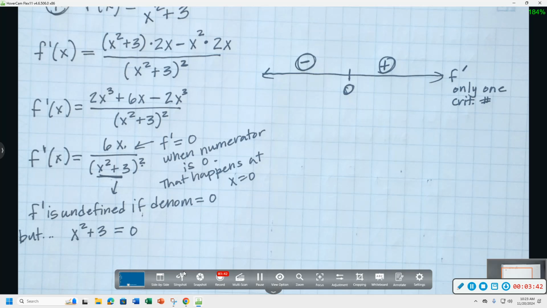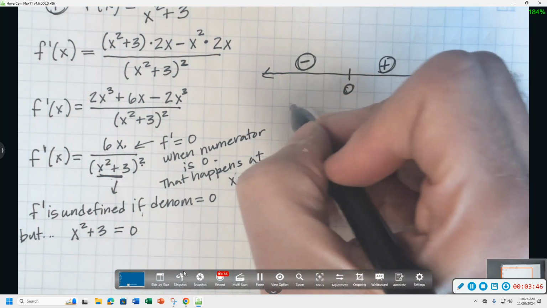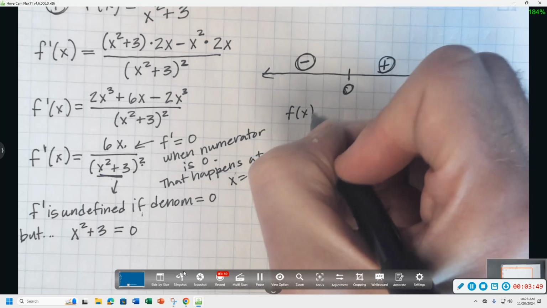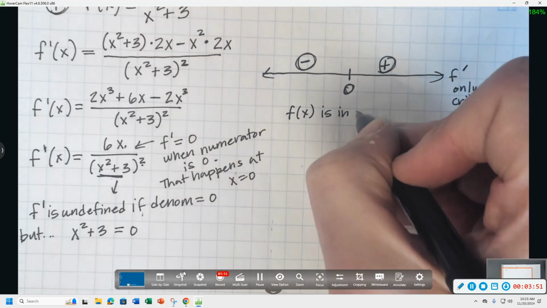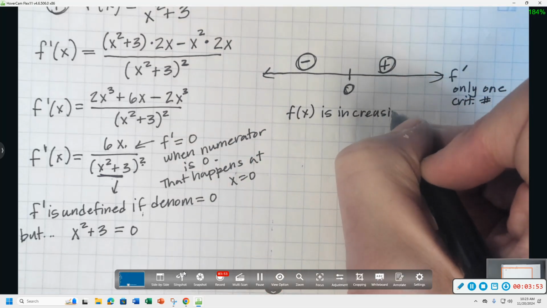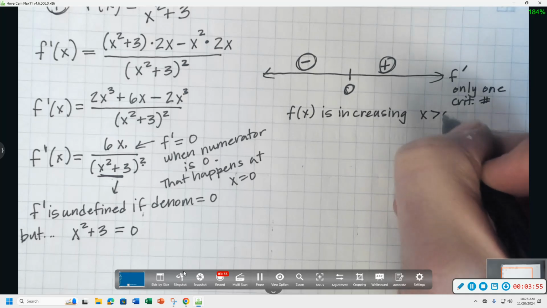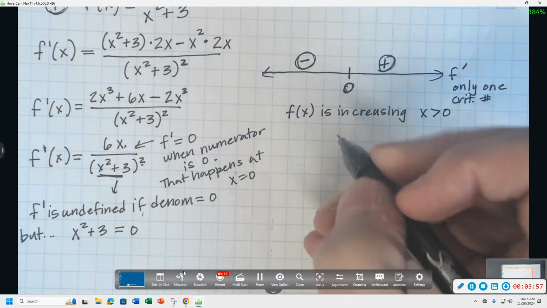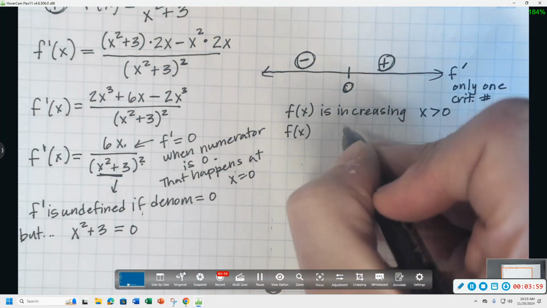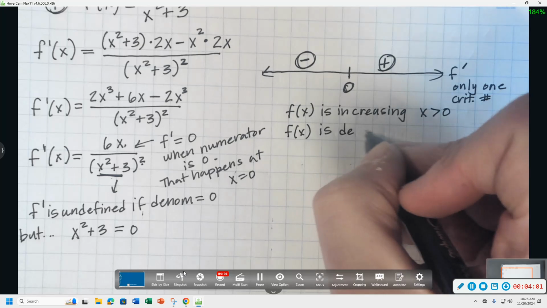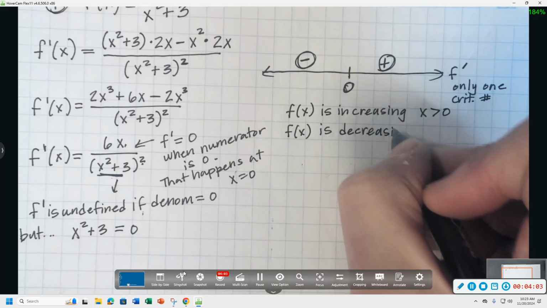My f prime is positive. So now, this tells me that my function, f of x, is increasing when x is greater than 0. F of x is decreasing when x is less than 0.